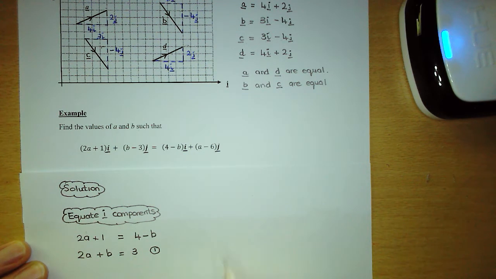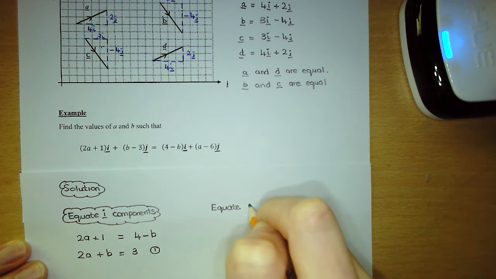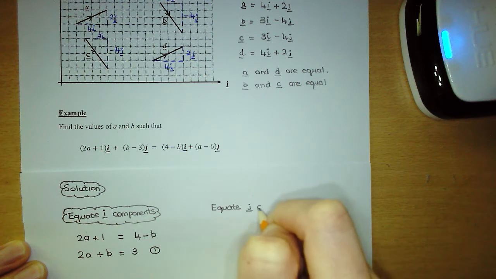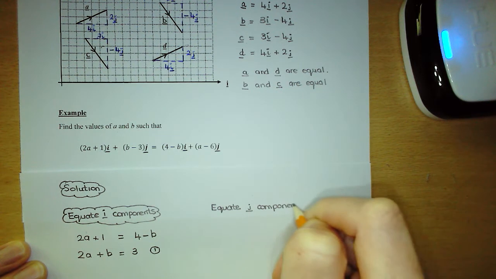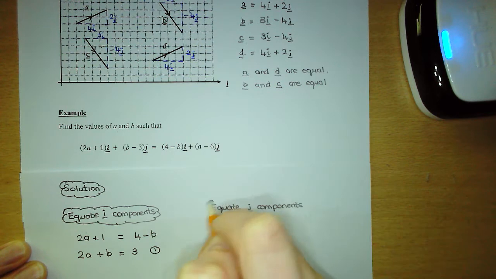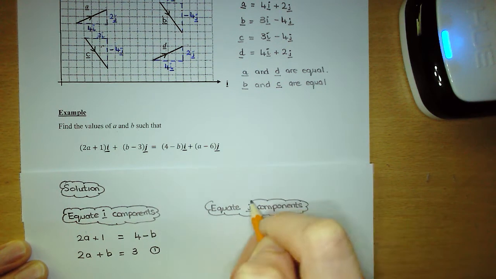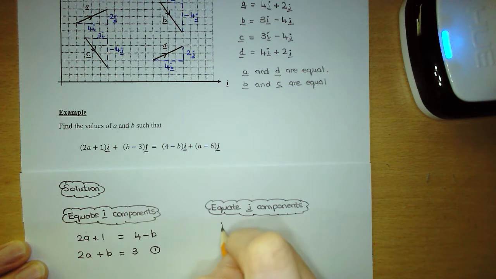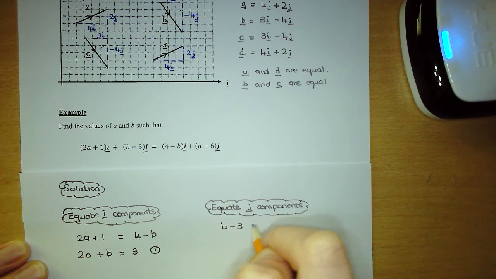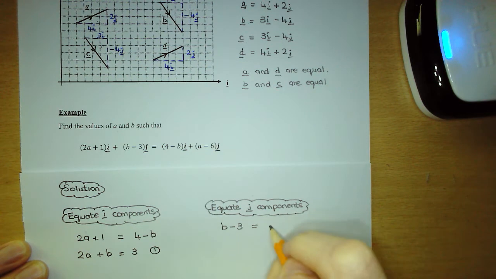So we also equate the j components. The j component on the left hand side, which is b minus 3, is equal to the j component on the right hand side, a minus 6.